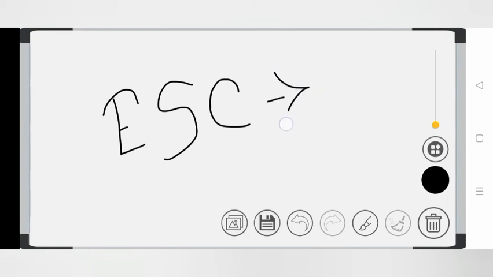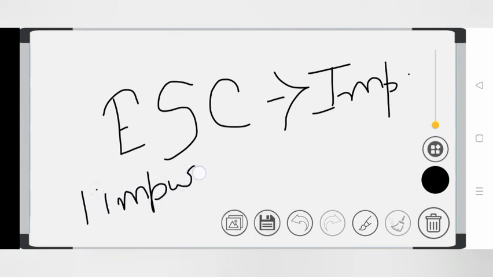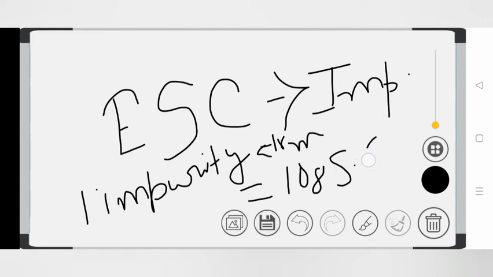Means we have to carefully monitor how much impurity is added into the intrinsic semiconductor, because in most cases one impurity atom is introduced to every 10^8 semiconductor atoms. Means 1 impurity atom equals 10^8 semiconductor atoms. Clear?